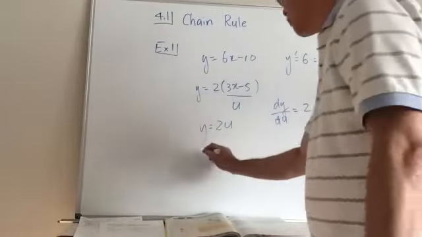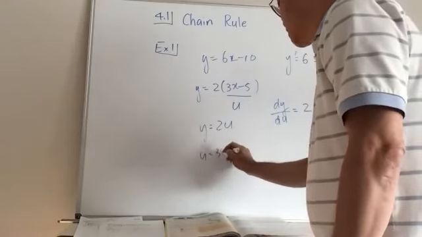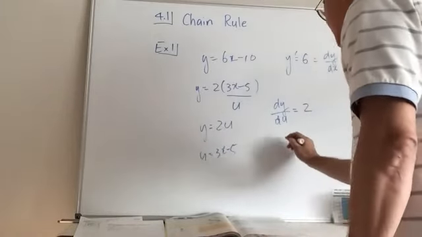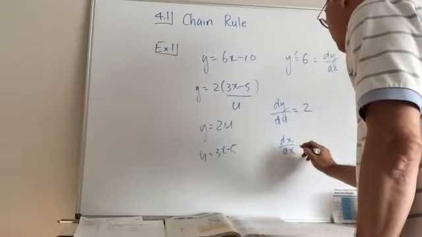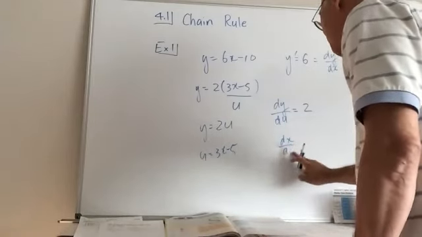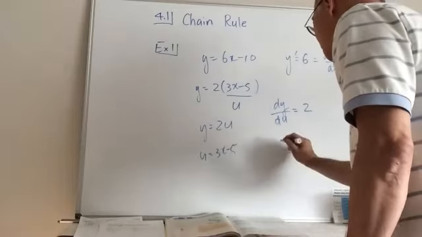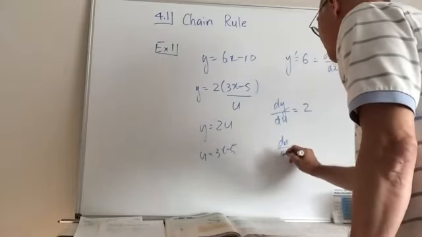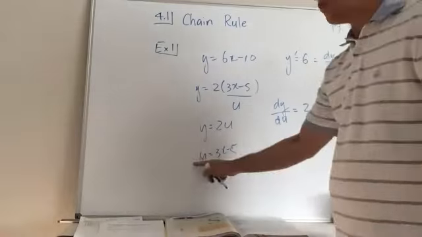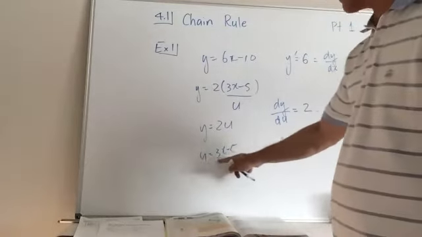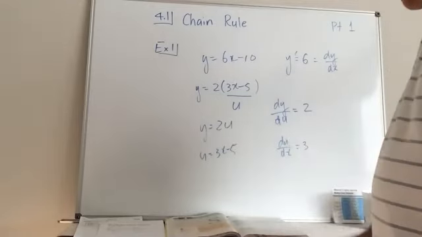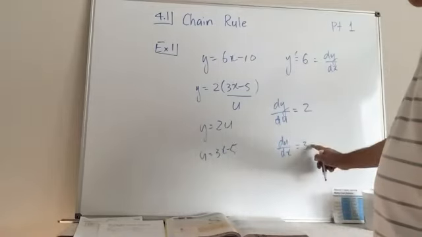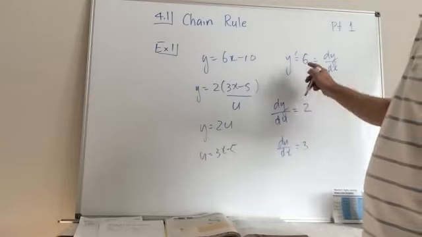But I also know that u is equal to 3x minus 5, so du/dx, if I take the derivative of u with respect to x, what do I get? I get 3 here, right? So 3 times 2 is 6.